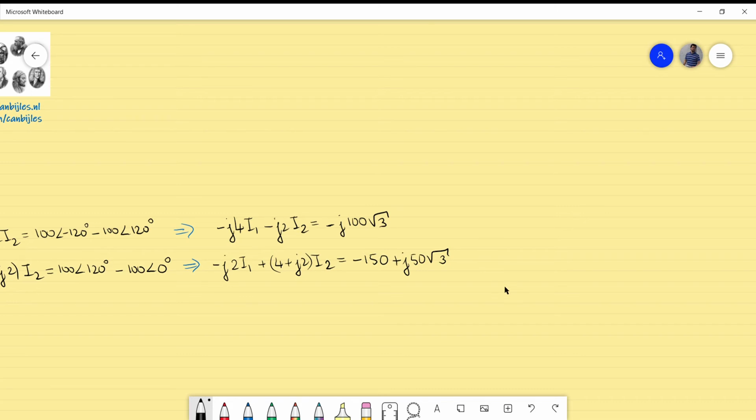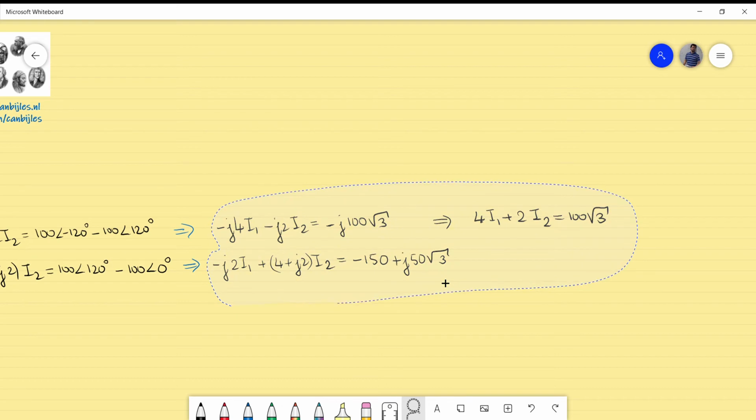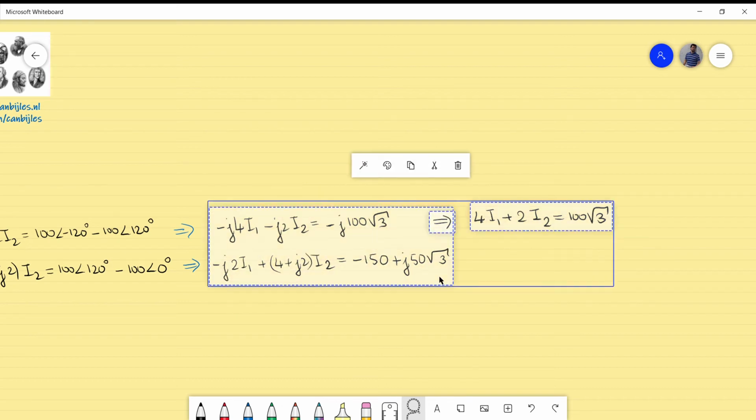So I can say this is 4 times I1 plus 2 times I2, which will be 100 times square root of 3. That's for the first equation, and this one will stay as it is. I will need to use them later on for our further analysis.